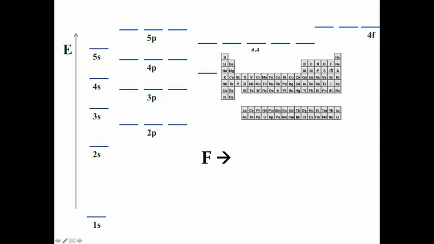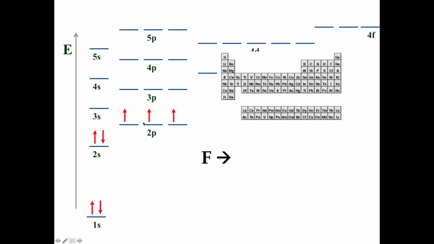Jumping a little further ahead, now we'll do fluorine, which has 9 electrons. And now we're not going to draw boxes, we'll just draw lines. And so 1, 2, 3, 4, 5, 6, 7 electrons gets us up to what nitrogen had. And now we need 2 more electrons to get to fluorine, and they will go into the lowest energy subshell, which is the 2p.